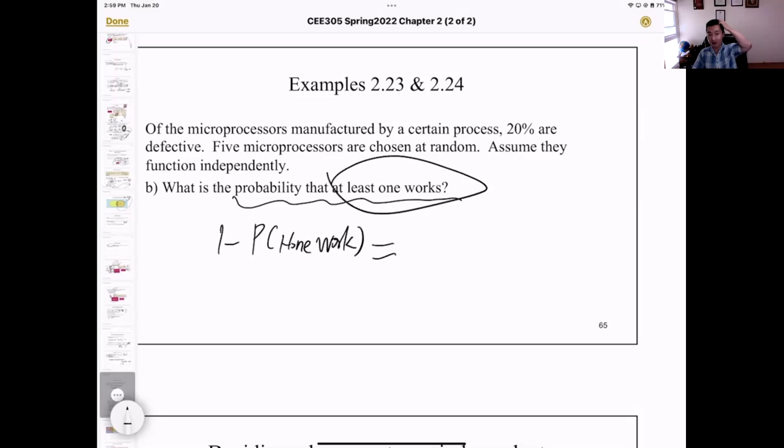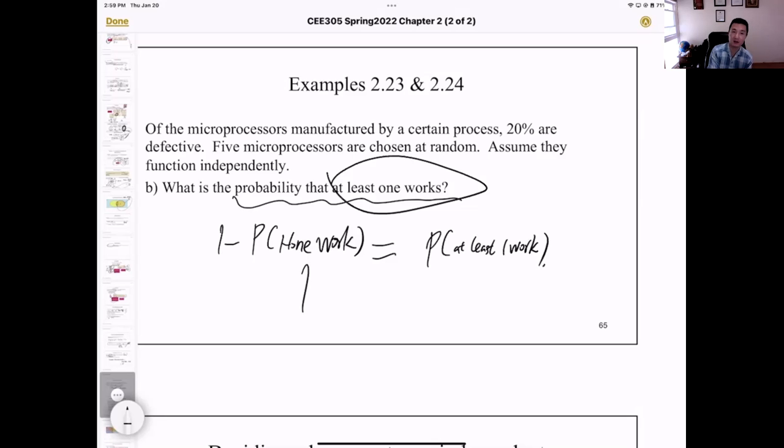So the probability of at least 1 work is 1 minus the probability of none work.